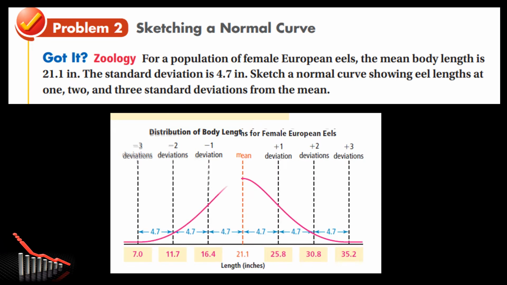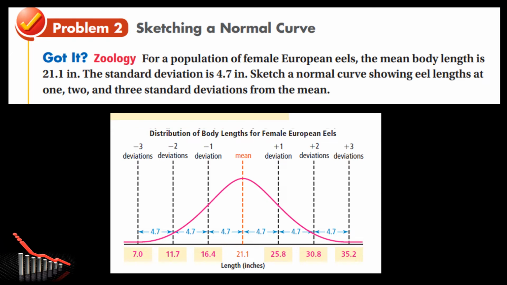I'm going to go ahead and just draw my curve and add and subtract: 21.1 minus 4.7, minus another 4.7, minus another 4.7, to get those values 16.4, 11.7, and 7. And on the other side, on the positive side, I'm going to keep adding the 4.7.